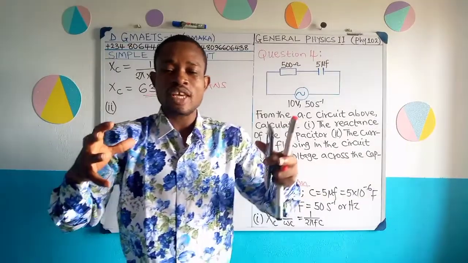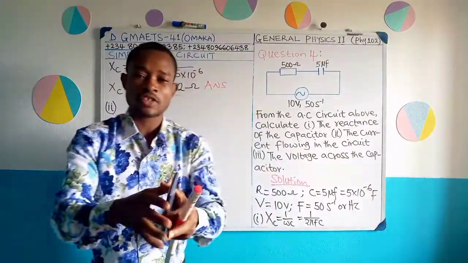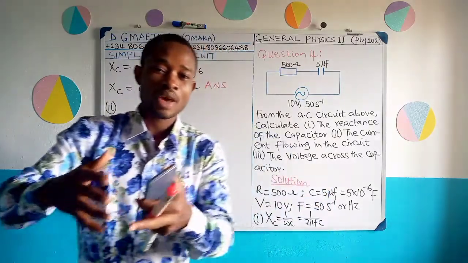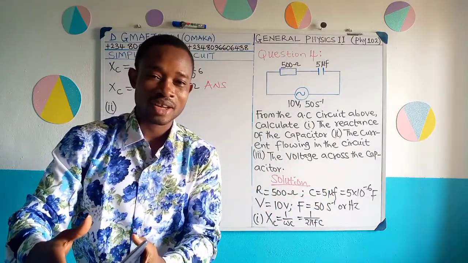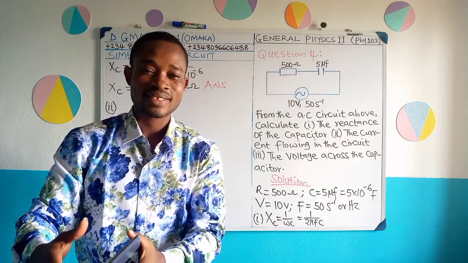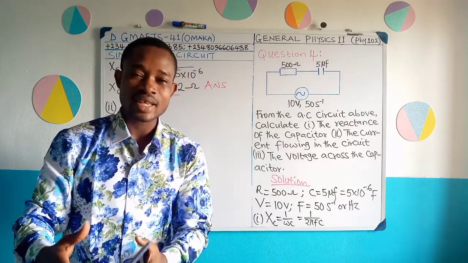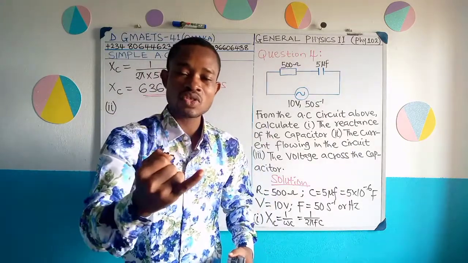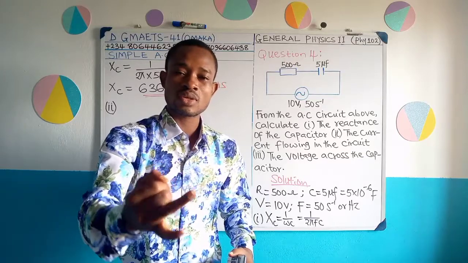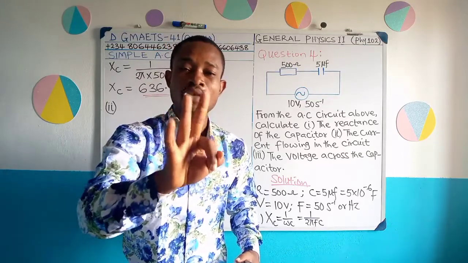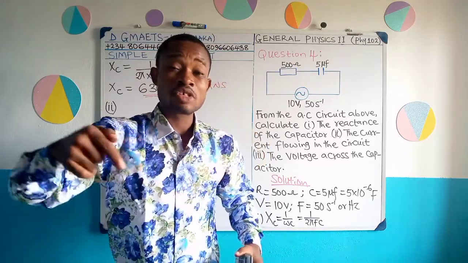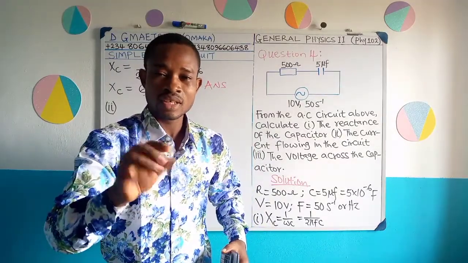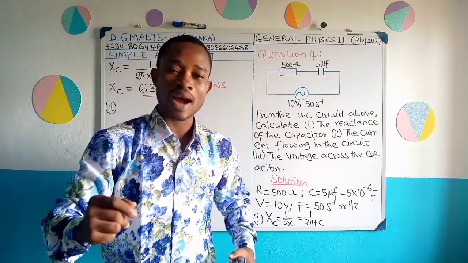Rather, it is going to be the combined opposition offered to the flow of current by the resistance and the capacitance, and that is called impedance, Z. If this circuit were a resistance, capacitance and inductance circuit, with the three of them there, we would consider the three elements opposing current to determine the denominator in Ohm's law.